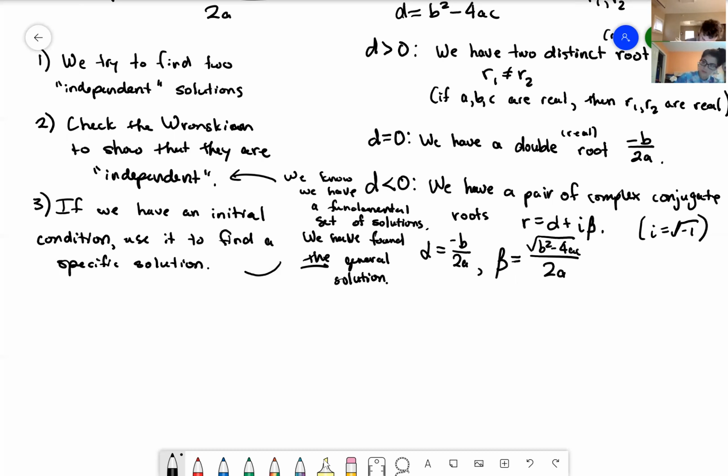So if we get to this point, then that means that we can proceed on to step 3, which is finding the specific solution.